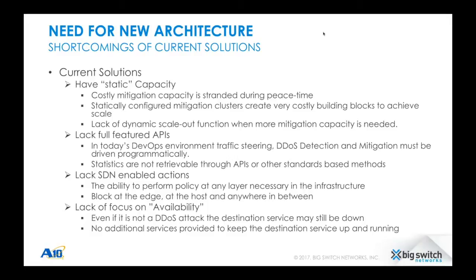And each one of these devices gets to see a lot of traffic, right? So it compiles a lot of very interesting statistics, but with the current solutions, many of them are locked up, not retrievable through these APIs and other standards-based methods.